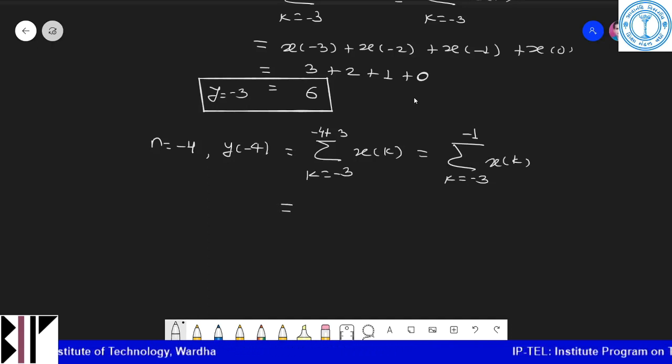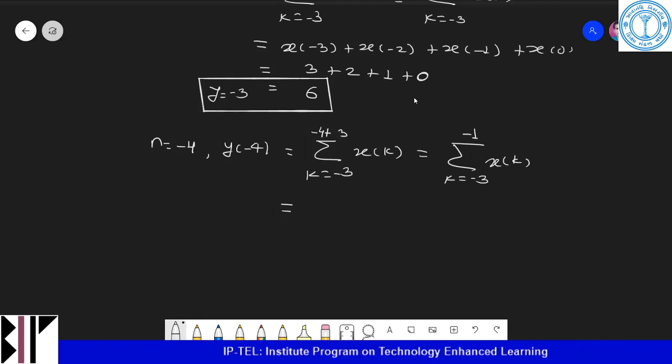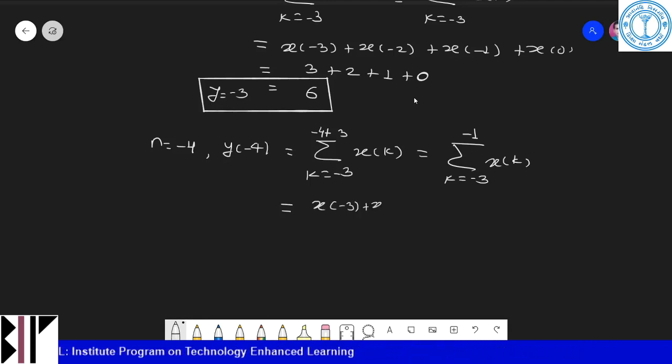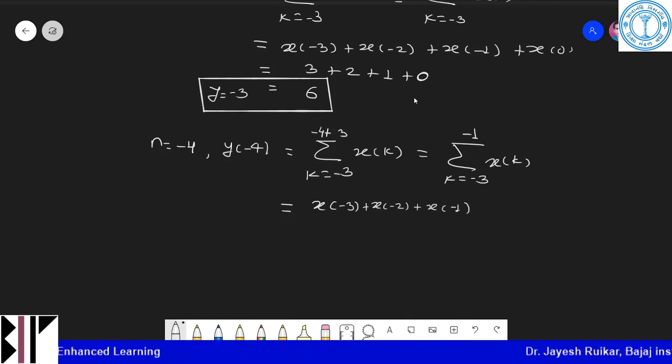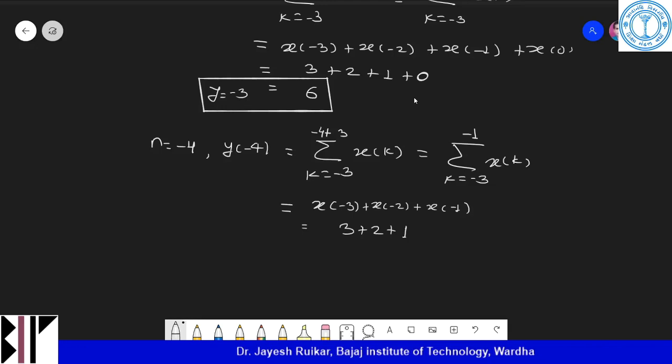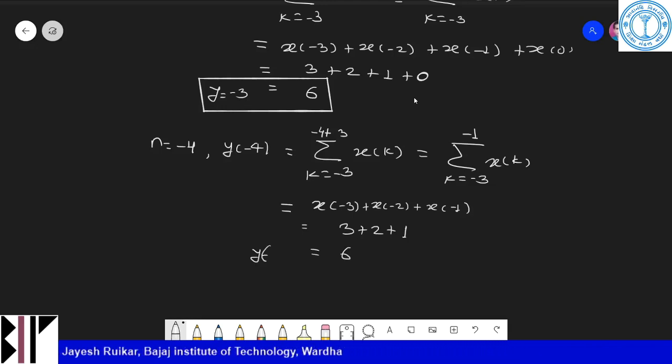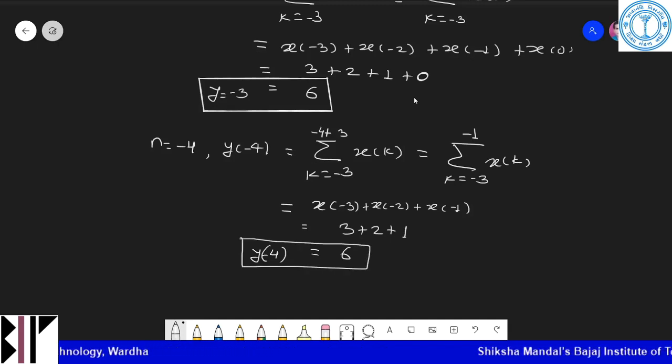Now we know that all the other values are 0. So x of minus 3 plus x of minus 2 plus x of minus 1, these three values are there, and if you calculate, this is equal to 3 plus 2 plus 1, which is equal to 6. So y of minus 4 value is again 6.